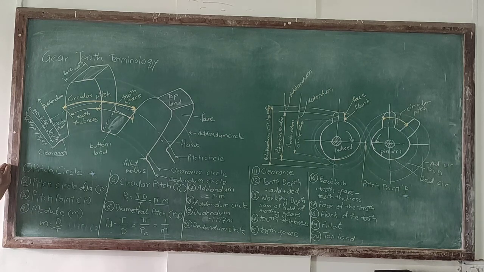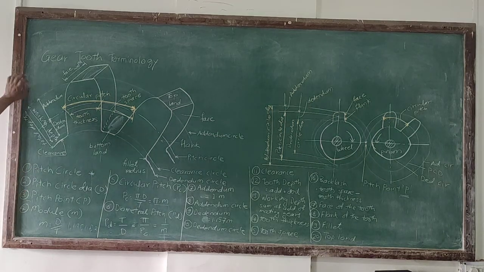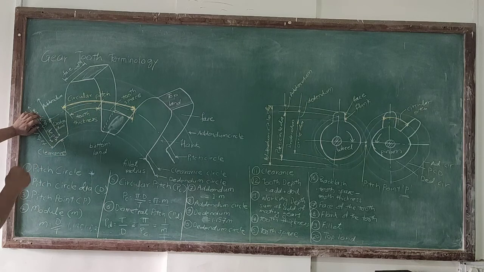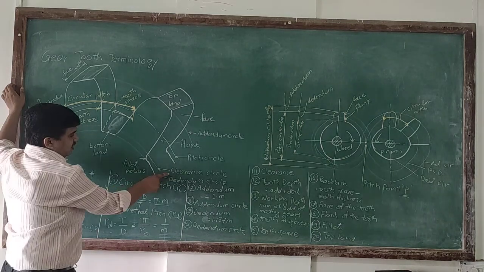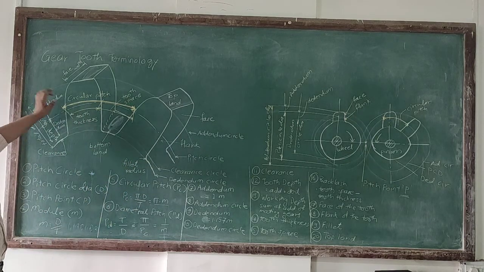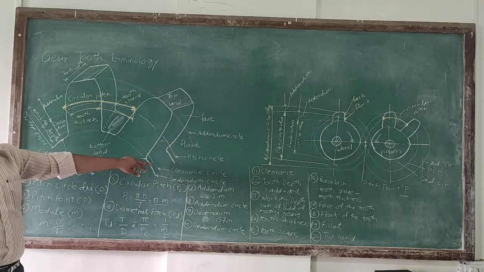Now what will be the dedendum? You can guess immediately what it is. Basically, before understanding the dedendum, one more circle is there, which is nothing but the clearance circle. Okay, clearance circle. This is also an imaginary circle.